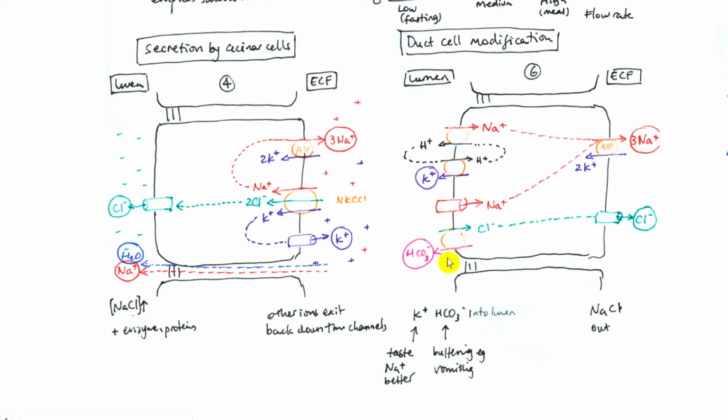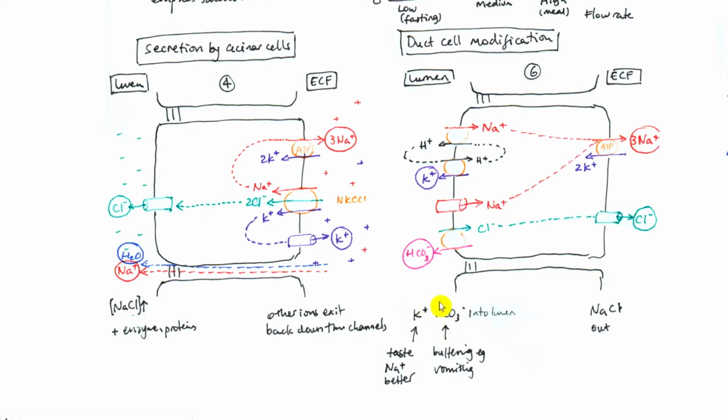Then we have a chloride bicarbonate transporter, which switches bicarbonate for chloride ions, and the chloride ions exit through this channel here. The net effect is increasing the amount of potassium and bicarbonate in the saliva.